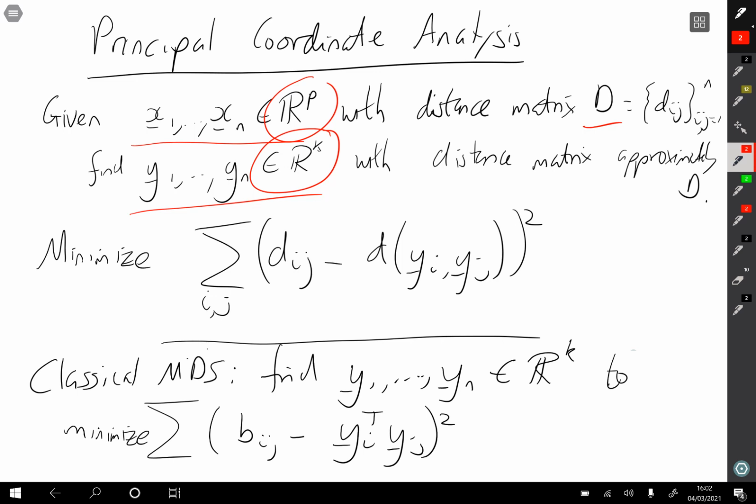So far, we've focused on classical multidimensional scaling, and the optimization problem it solves is slightly different. It still tries to find points y1 to yn in some lower dimensional space Rk, but now it's trying to minimize the difference between the centered inner product matrix B and the inner products between yi and yj.